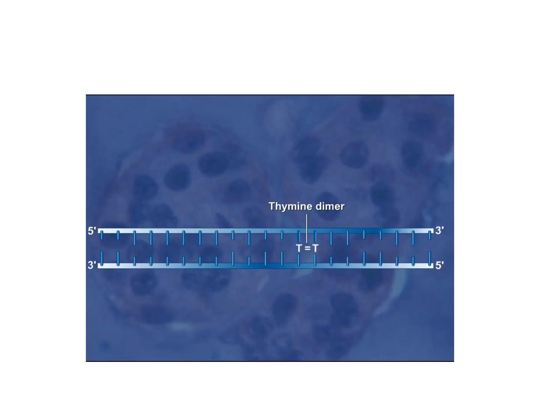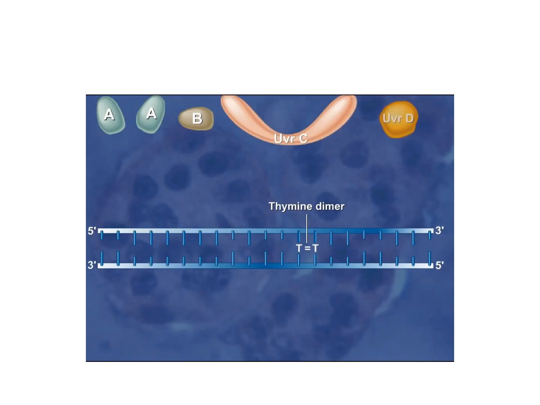This animation will illustrate the process of thymine dimer repair in E. coli. The nucleotide excision repair process uses a set of proteins called UvrA, UvrB, UvrC, and UvrD.